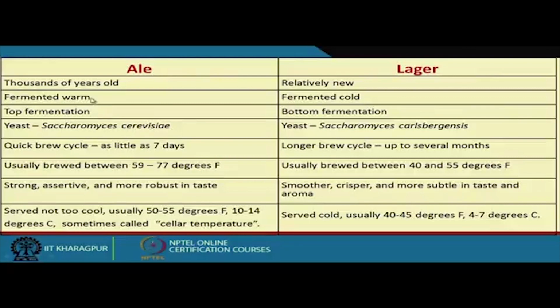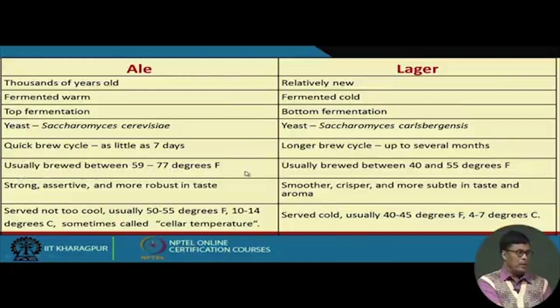Ale is produced using top-fermenting yeast, and lager using bottom-fermenting yeast. Ale is produced using Saccharomyces cerevisiae, and lager is produced using Saccharomyces carlsbergensis. Ale has a quick brief cycle, about 7 days. Lager has a longer cycle, several months. Ale is usually brewed between 59 to 77 degrees Fahrenheit, and lager is usually brewed between 40 to 45 degrees Fahrenheit.